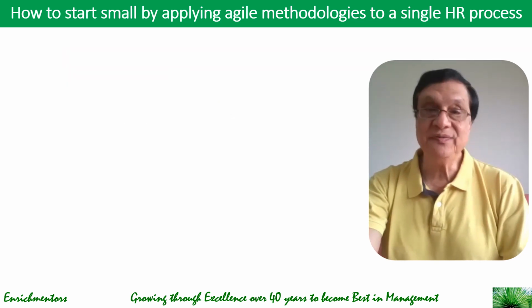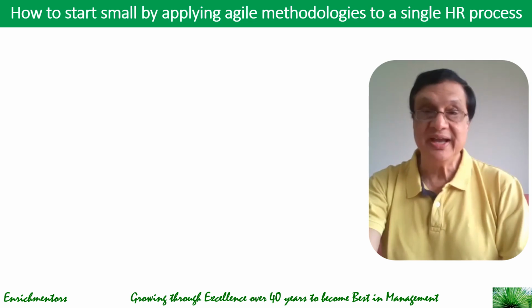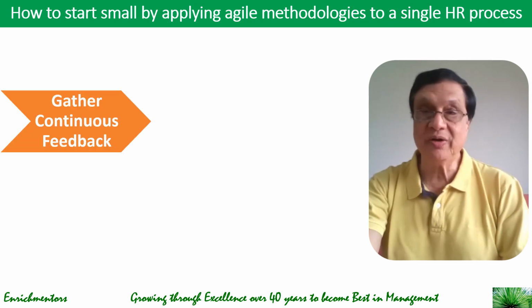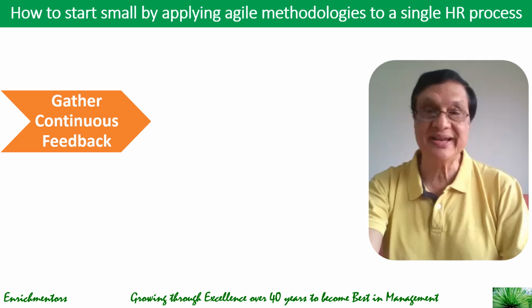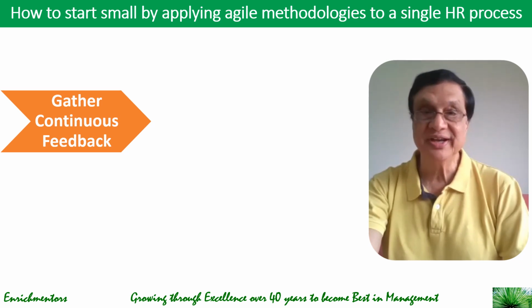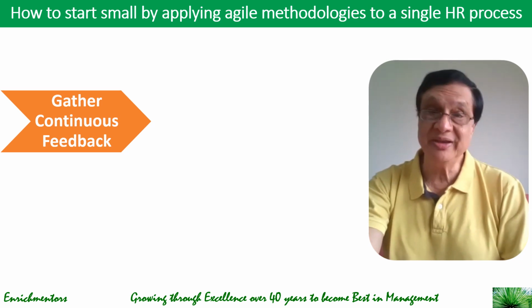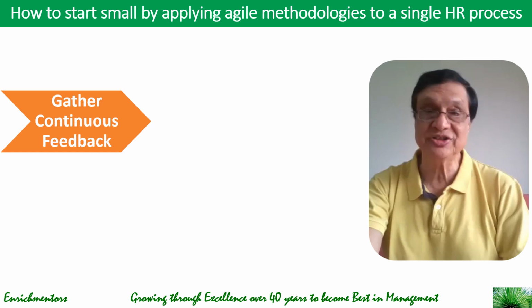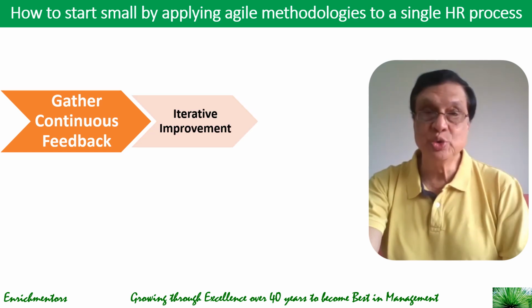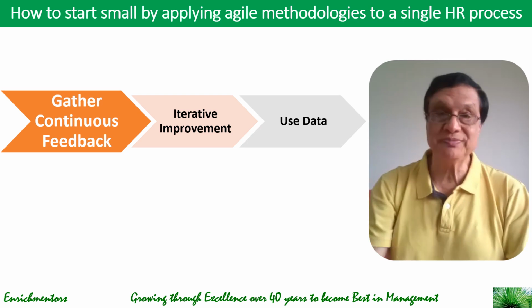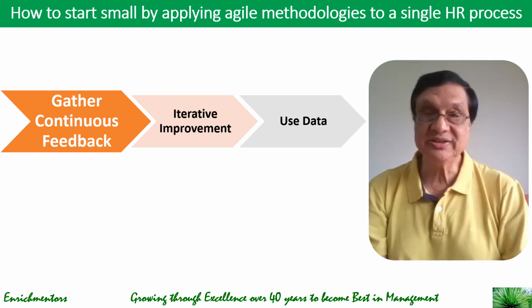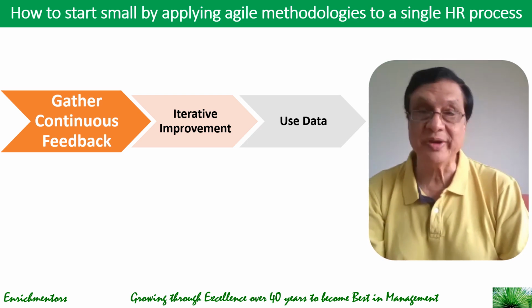Then gather continuous feedback. To do that, at the end of each sprint or task cycle, gather feedback from stakeholders, the stakeholders being hiring managers and new hires, to assess the progress, and use metrics related to your objectives to determine whether the agile approach is making improvement.